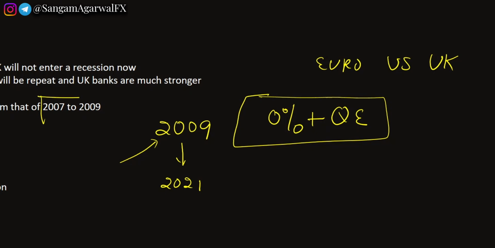That is why they are again and again every day saying that this is different from 2007 to 2009, and this is the famous line of central bankers, that this time is different.